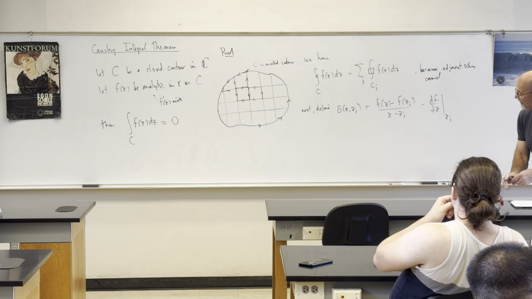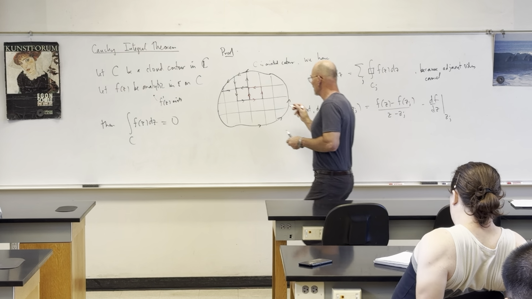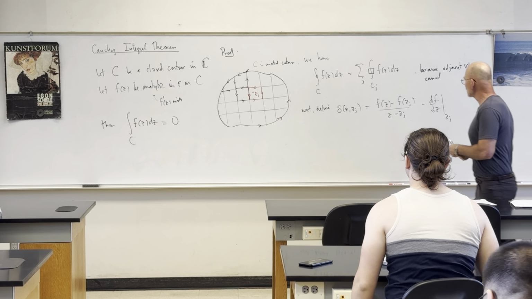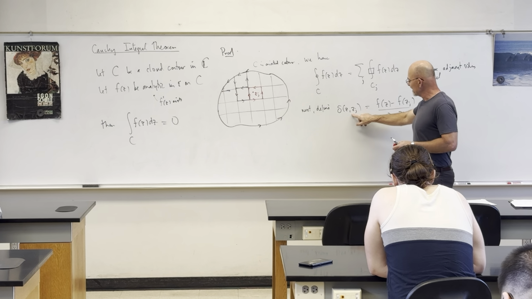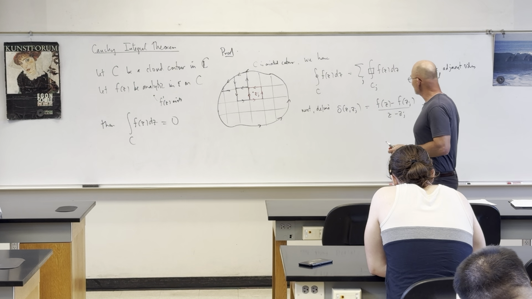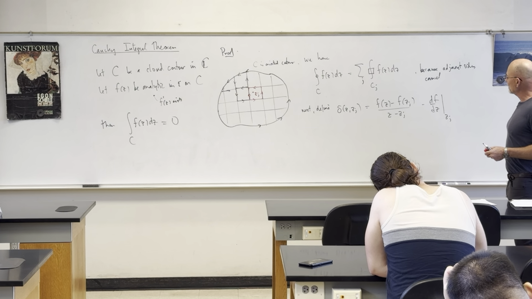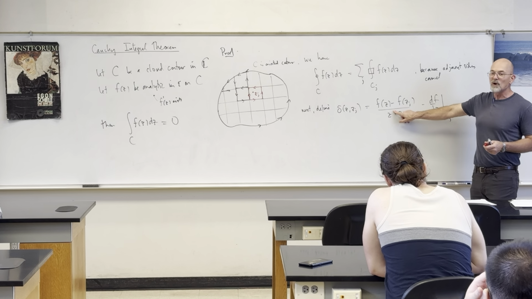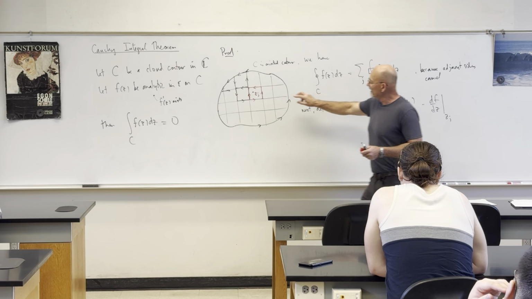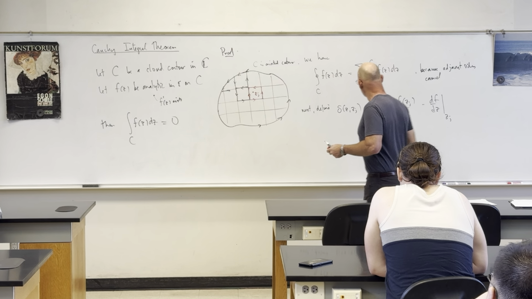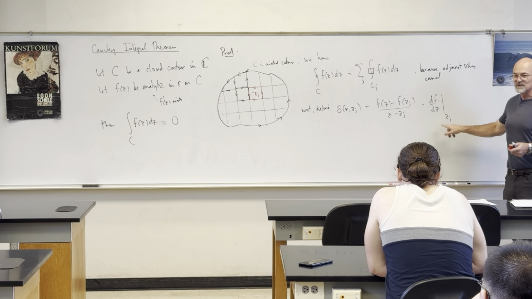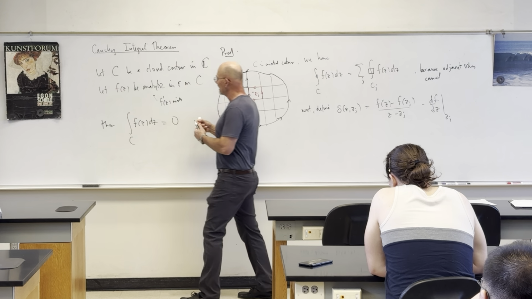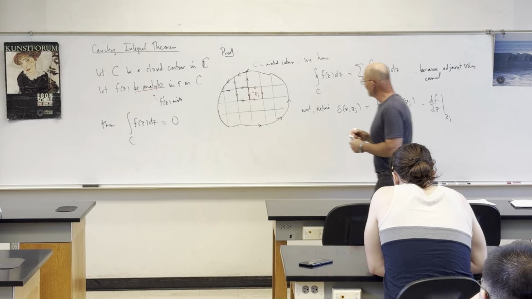Here z sub j is in one of those boxes, so delta is always in the jth box. This definition is the difference quotient anywhere in this box minus the derivative at z sub j itself. We're making use of the fact that f is analytic, so that derivative actually exists there.